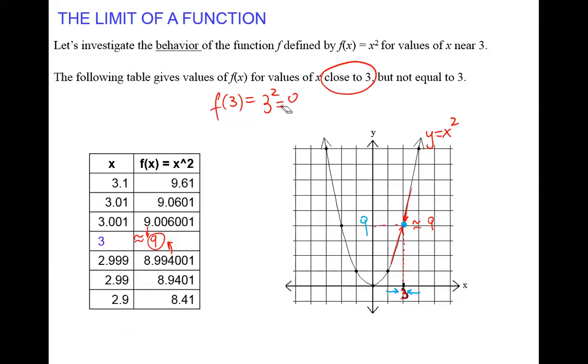Oh, I think I changed the colors. Let me do the blue for you. If x is exactly 3, we have the corresponding value 9. But if x is really, really close to 3, we are really, really close to 9. This means that we are approaching 9, and the value means that we are exactly at 9.